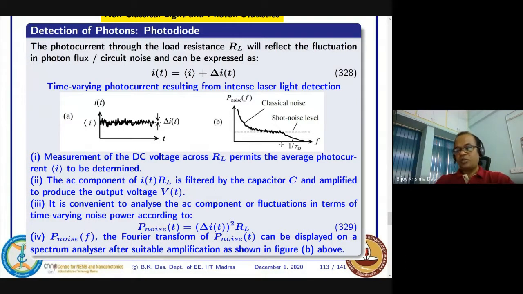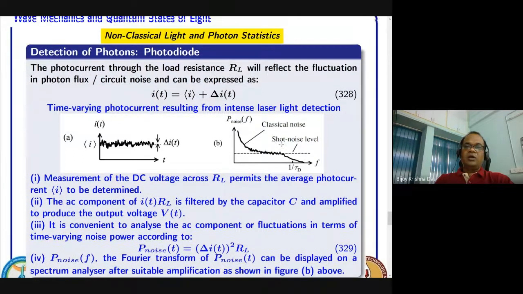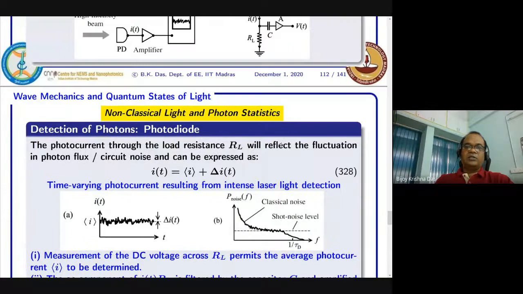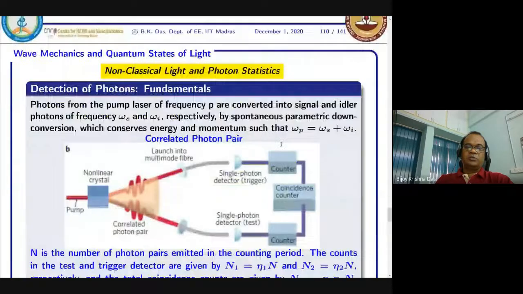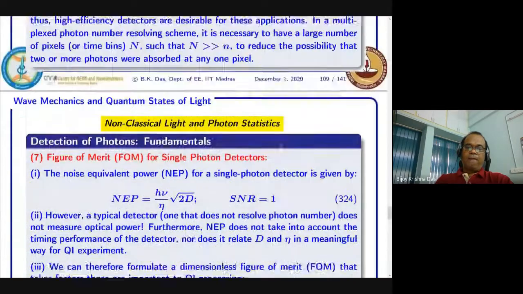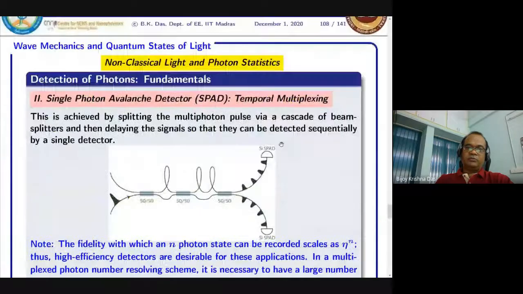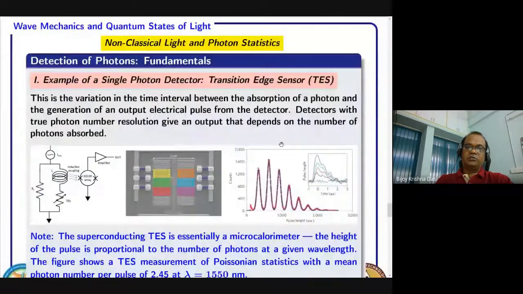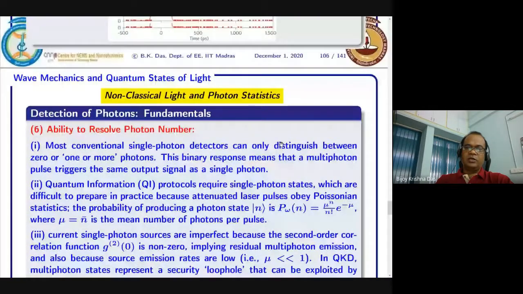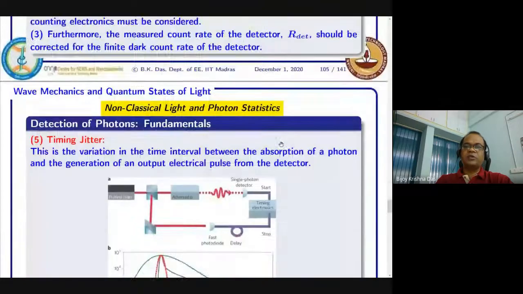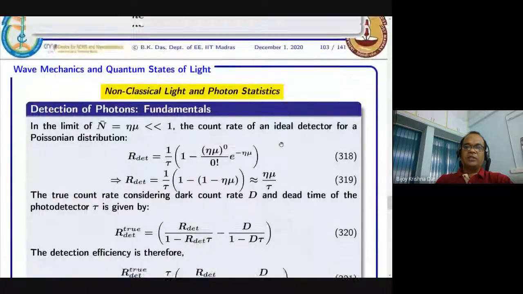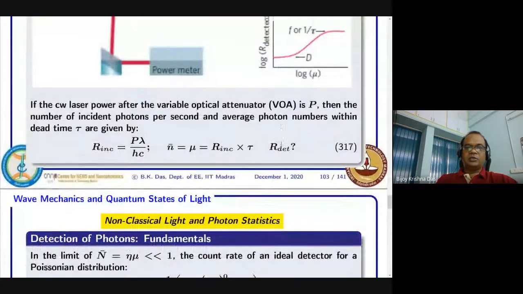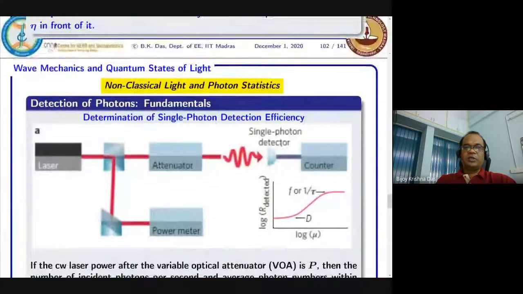So ultimately this is very important as we are interested in so-called quantum detection, photonic detection. We started all this with an understanding that I think I wanted to show you on that slide.